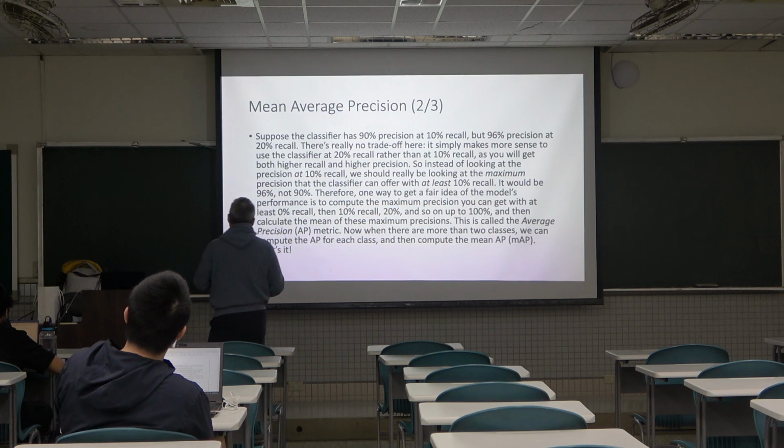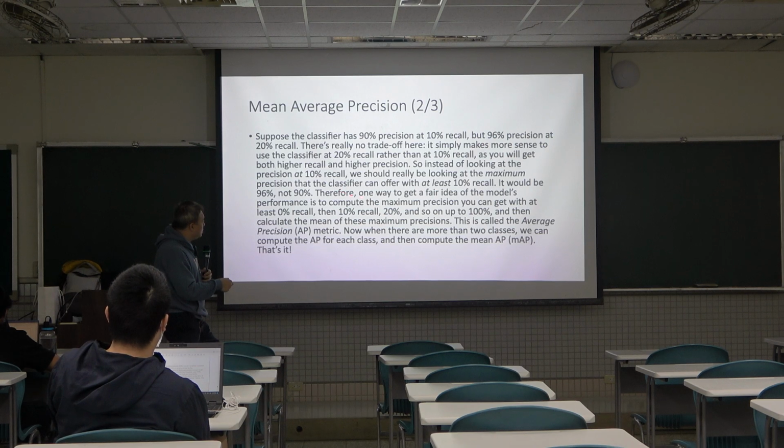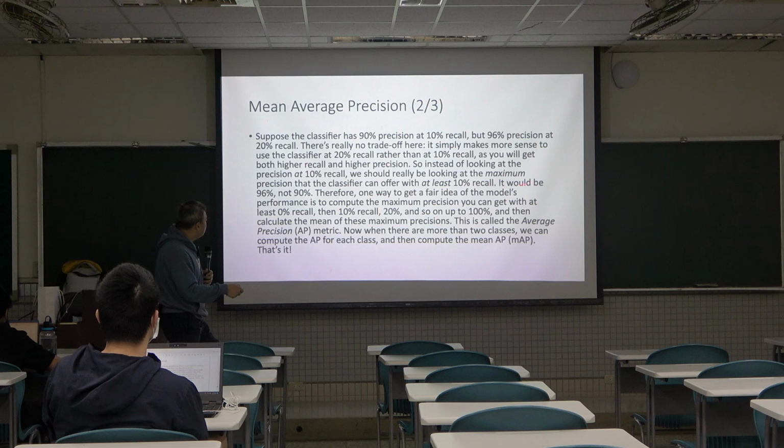So instead of looking at the precision at the 10% recall, what we should look at is the maximum precision that the classifier can offer with at least 10% recall.